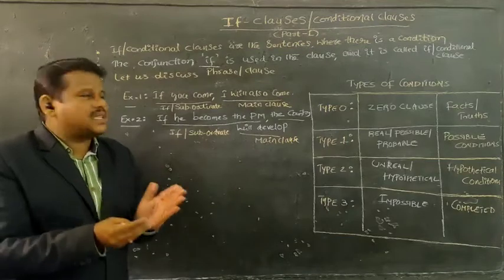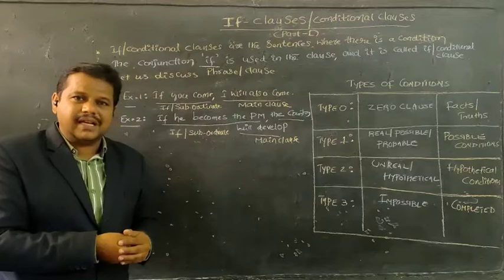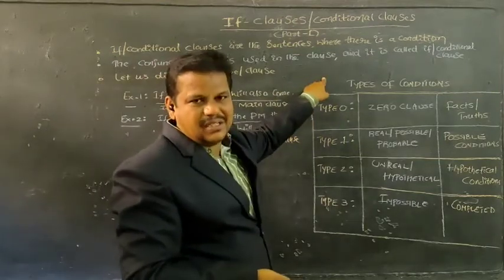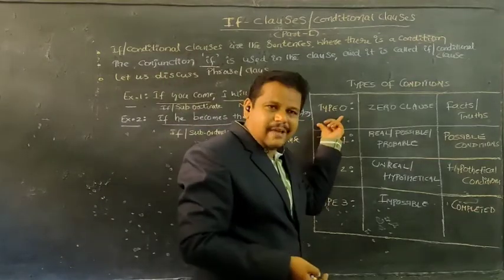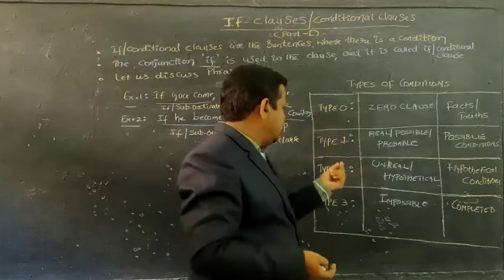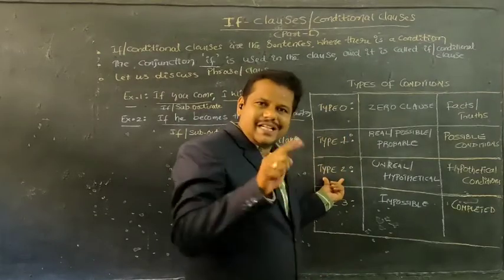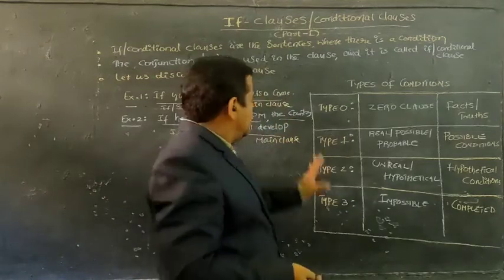So the combinations are there in the if classes. Now what types of combinations will you get? There are 4 different types of conditions. The first type is called type 0 condition. The second one is called type 1 condition. The third one is called type 2 condition. The last one is called type 3 condition.